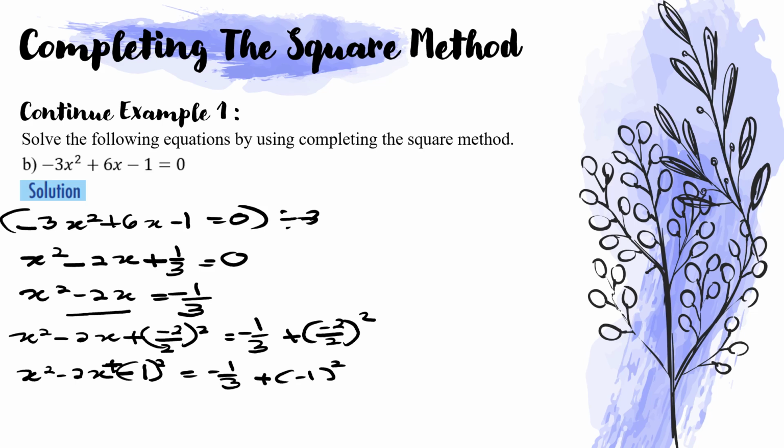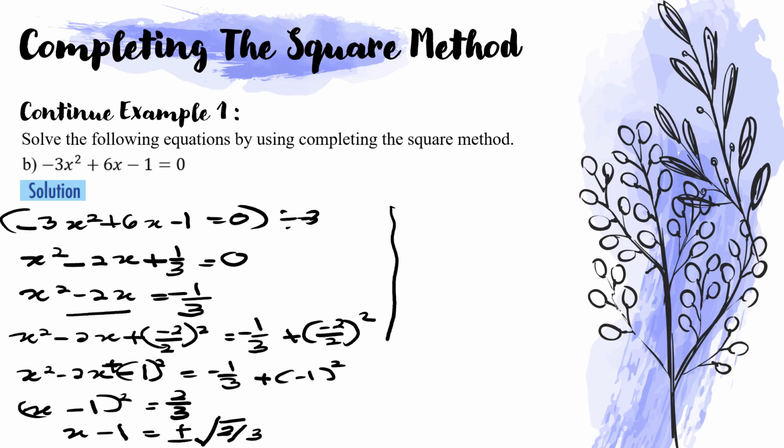Okay, and then you need to factorize the left hand side. So it becomes x minus 1 square is equal to, from the right hand side, I calculate it becomes 2 over 3. And then solve for the value of x. x minus 1 is equal to plus minus square root of 2 over 3.